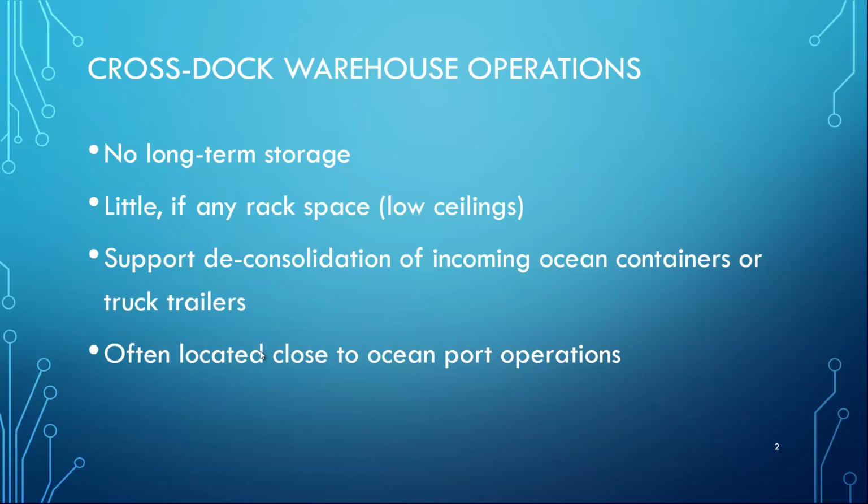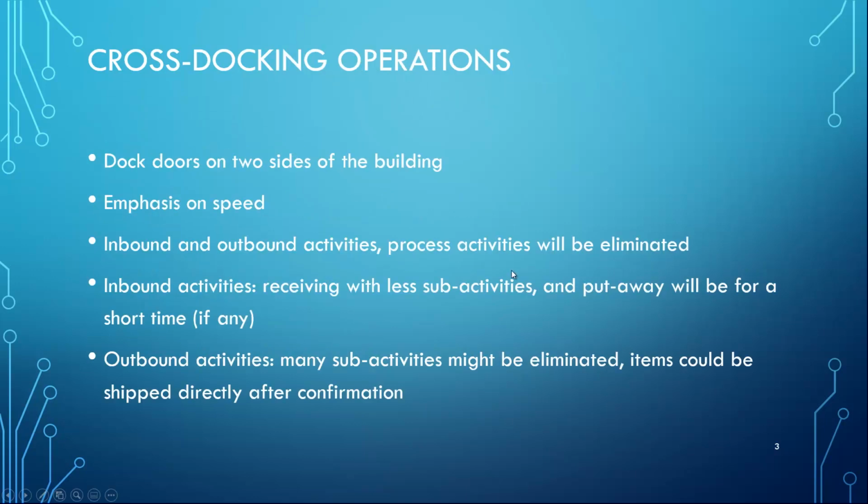Cross-dock warehouses are often located close to ocean ports or airports. In the cross-dock warehouse, doors are on two sides of the building with the need to get things in and out as soon as possible. So you will see on one side the inbound, on the other side the outbound, and the process activities will be mostly eliminated because you are moving from the inbound to the outbound.